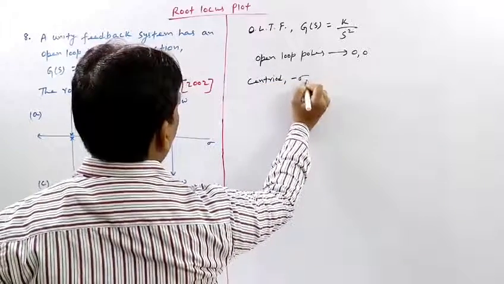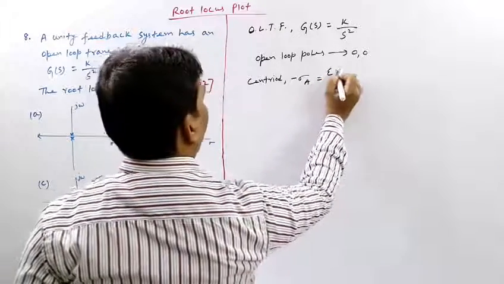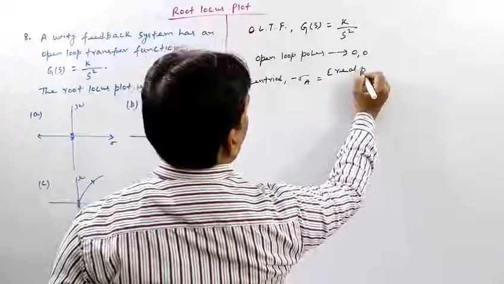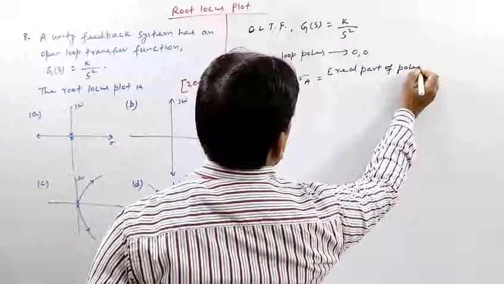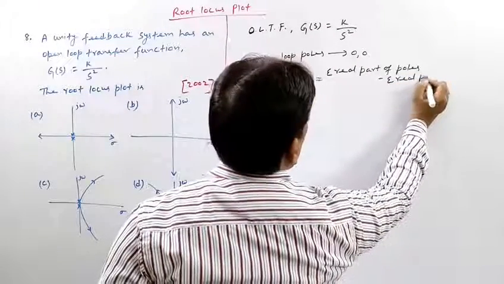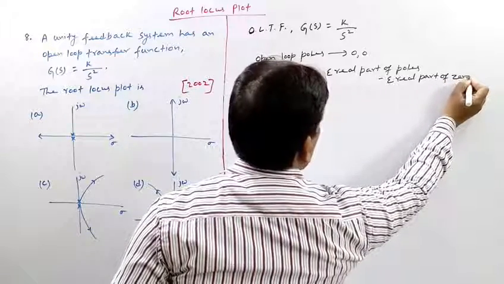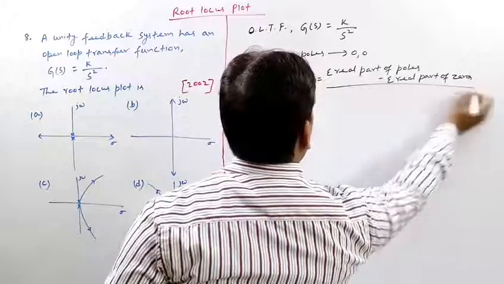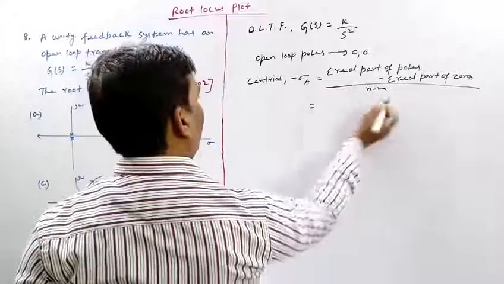The centroid, sigma A, is equal to sum of real parts of poles minus sum of real parts of zeros, divided by n minus m. n is the number of open loop poles and m is the number of open loop zeros.